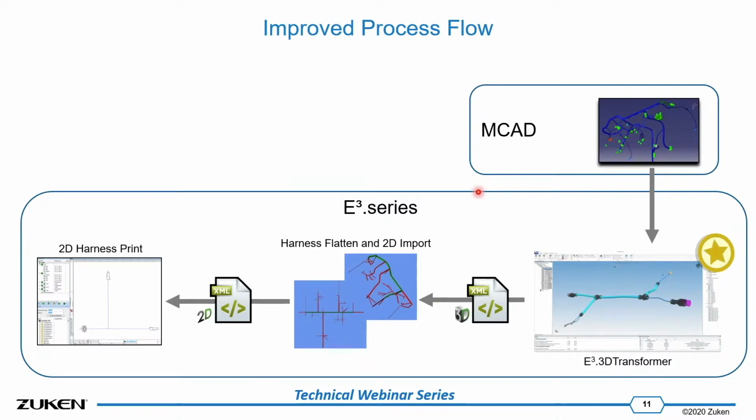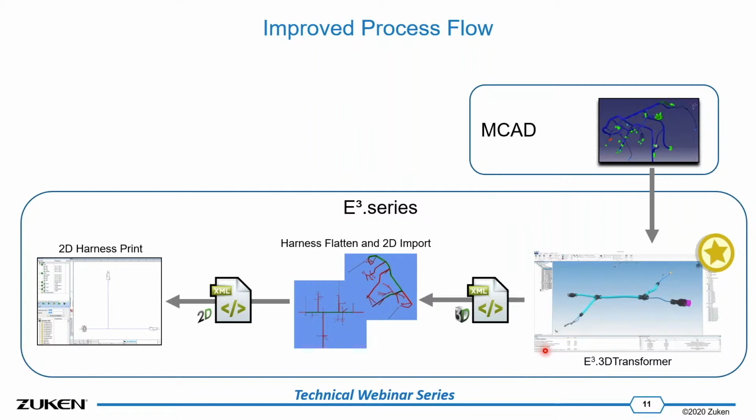Traditionally, we had these interfaces and all that data had to be extracted or converted to get the information out of MCAD to take that XML data through the flattening process. But now with the E3 3D Transformer, we have the capability of bringing that information directly from MCAD, with no extraction process and no conversion process. You bring it straight from your MCAD tool.